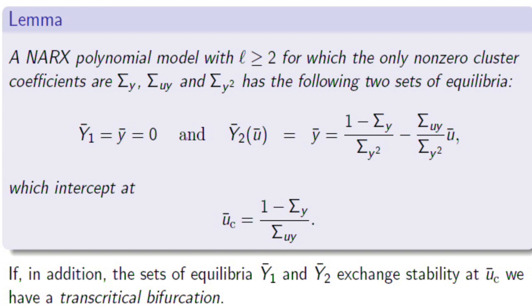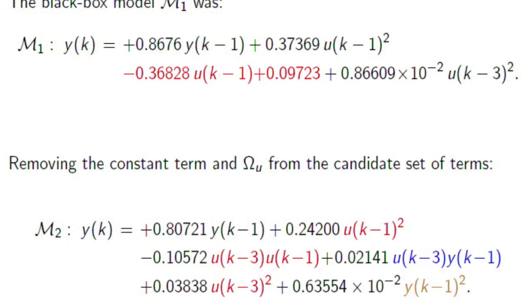If you pay attention here, basically I'm able to think in terms of cluster coefficients, and therefore relationships between the model parameters, and impose constraints in such a way that I get a transcritical bifurcation at a specified point. Okay? So the examples I showed you, the black box model is the one that has the blue rounded curve.